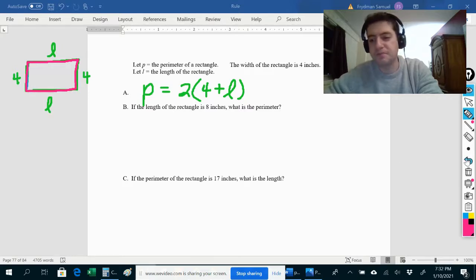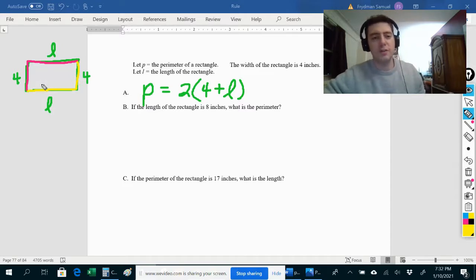So again, one strategy that I could do is 4 plus L plus 4 plus L, just like I said earlier. But another thing that I could do is I could do 4 plus L, and since I noticed that I have another 4 plus L over here, the length of this that I just drew in yellow is the same as the length of this that I just drew in pink.